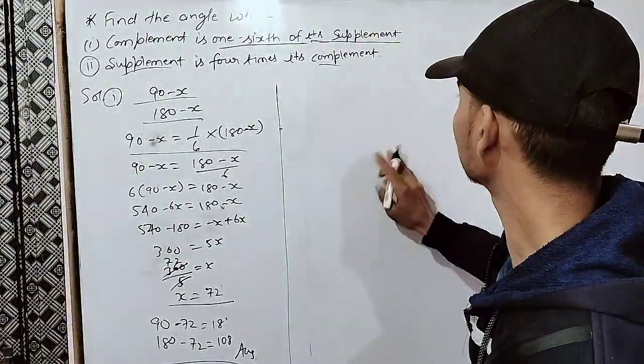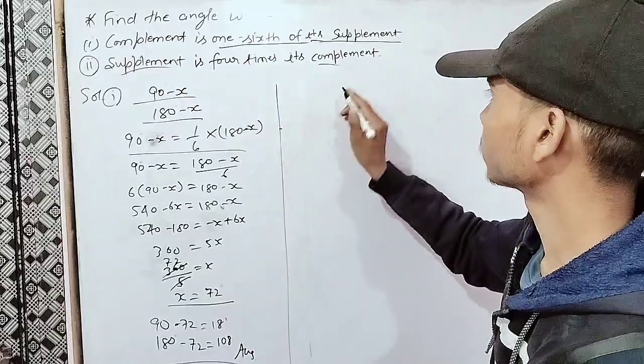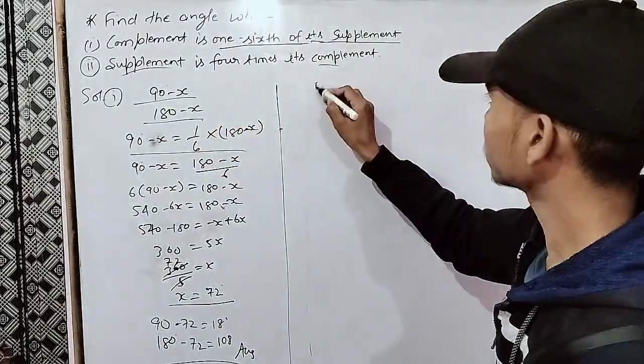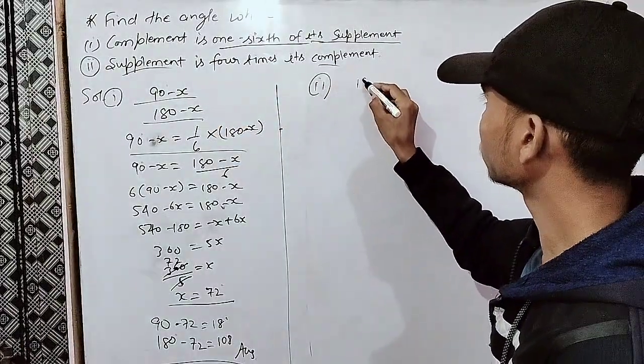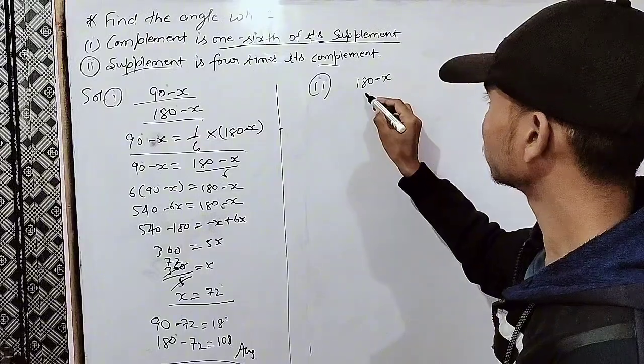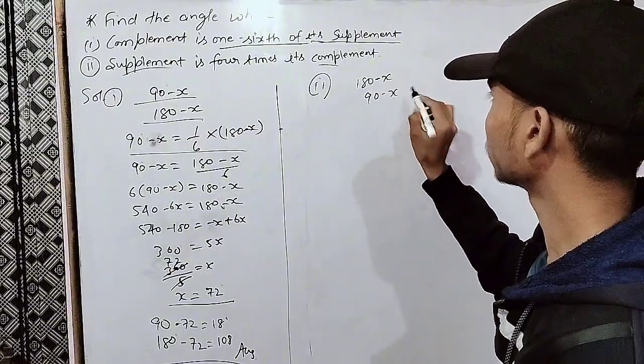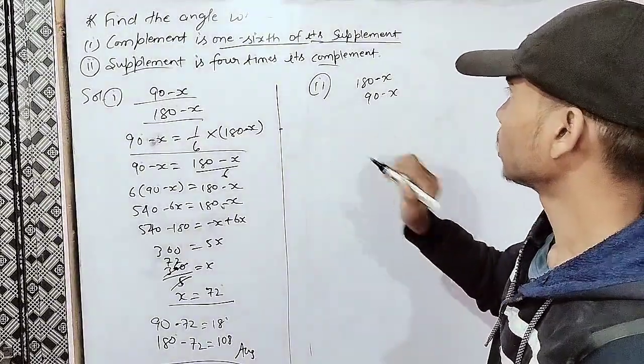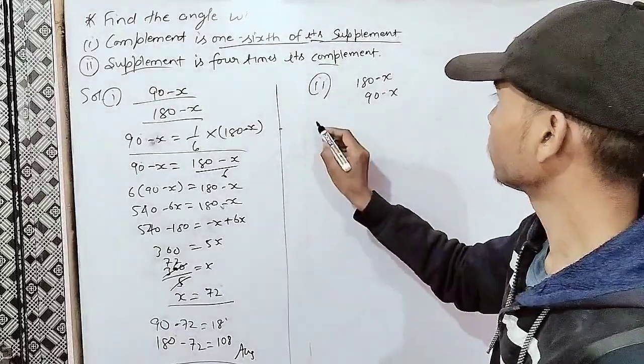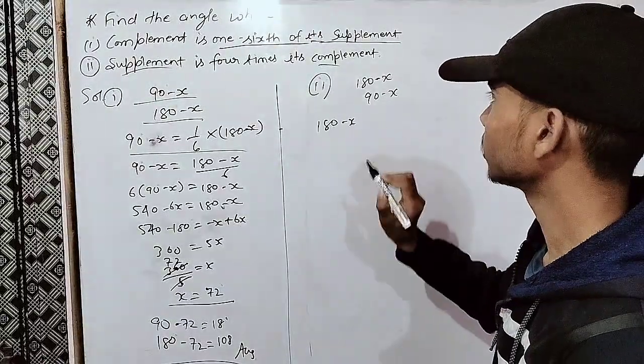Supplement, as we know, is 180 minus x. Am I right? Then the complement. Clear? And the second statement says the supplement can be written like that.